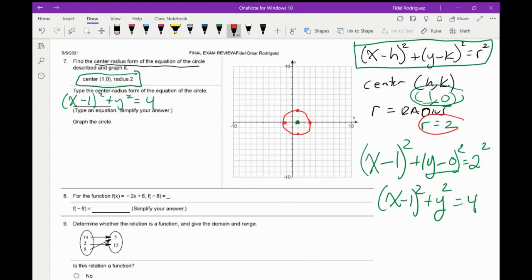You can see as I'm writing it here on the paper for you. I'm going to show you how to do this on my math lab.